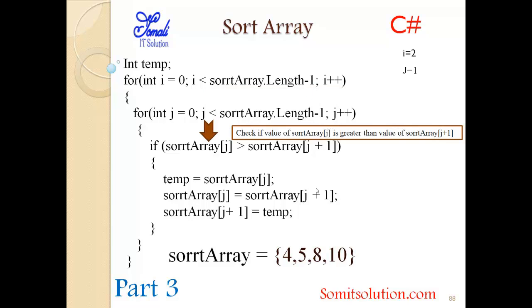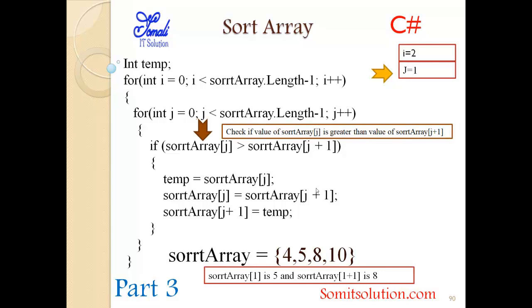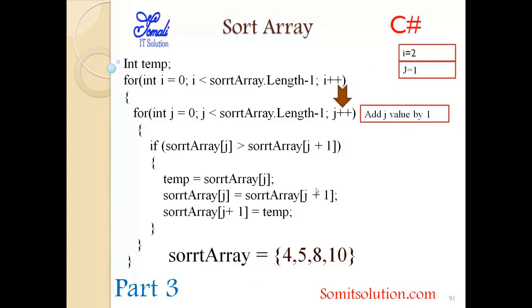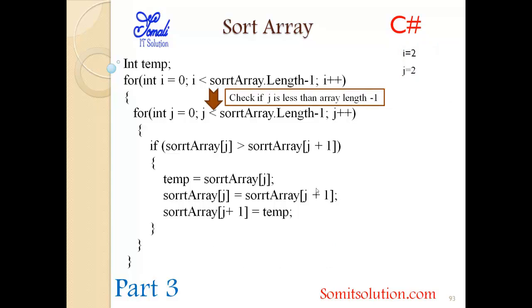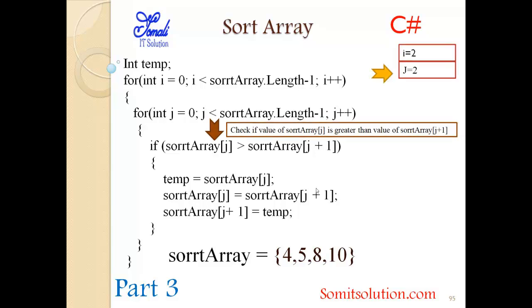J value is 1. Sort array of 1 is 5 and sort array of 2 is 8. So 5 is not greater than 8. Add j value by 1. Check if j value is less than array length minus 1. Our array length is 4 and 4 minus 1 is 3, so j is less than 3. J value is 2. Sort array of 2 is 8 and sort array of 3 is 10.